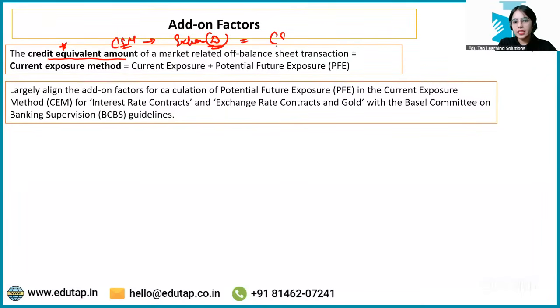Here we take the current exposure on the current day plus the potential exposure. Potential exposure has the formula notional value multiplied by the add-on factor. We use add-on factors to calculate the potential future exposure.